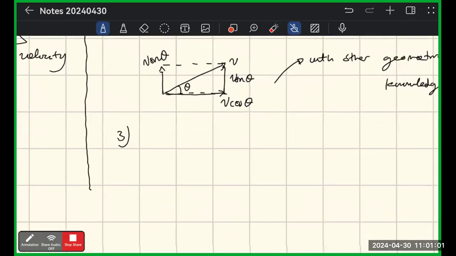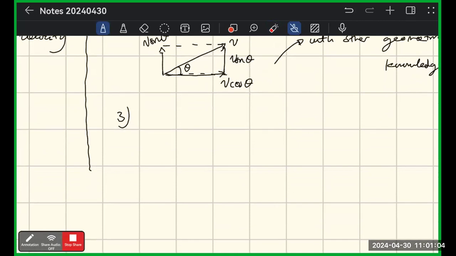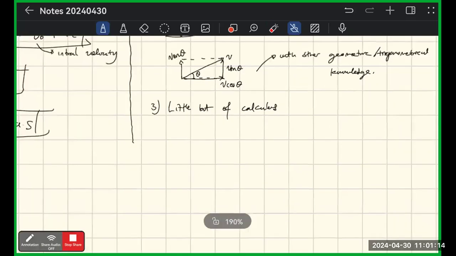And last thing you have to understand is a little bit of calculus. So you have to understand the basic integration and differentiation, which you would have.